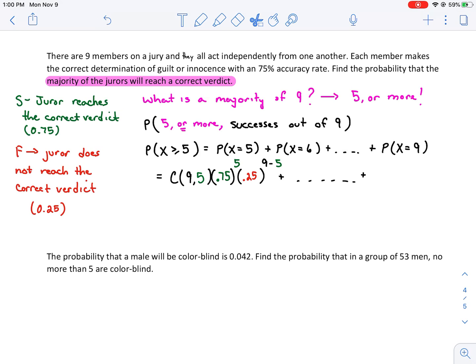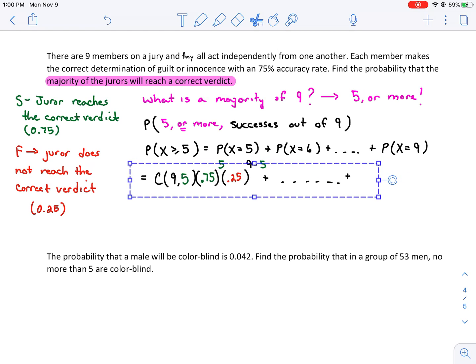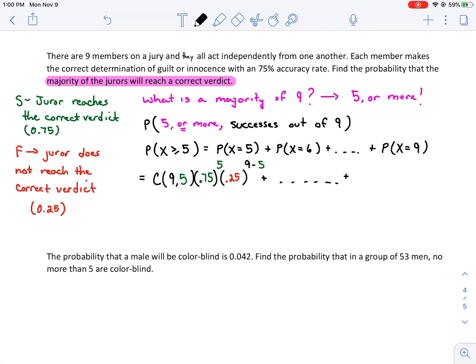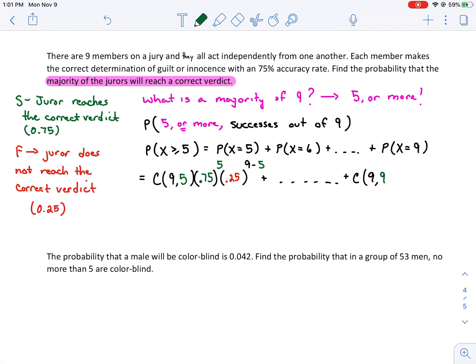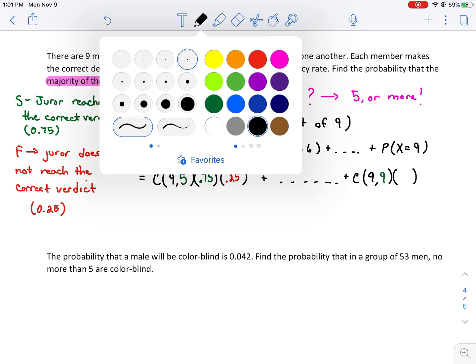And then we're going to write out the last one. Make myself a little more room. So the probability that x is equal to 9 is 9 choose 9. The probability of success is 75%.